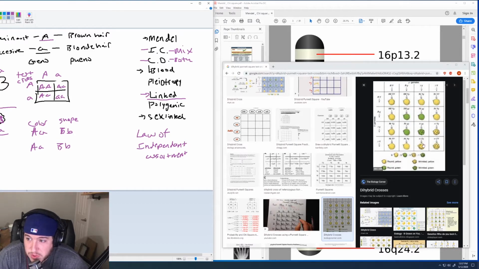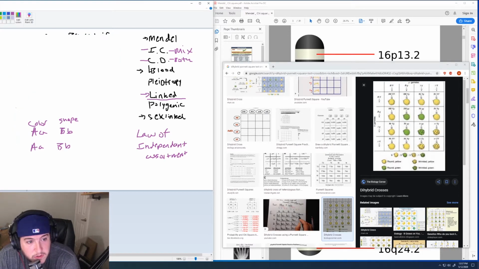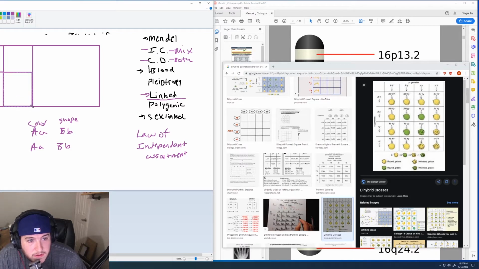because we're looking at two traits, we do the bigger Punnett square. This is the big 16-box Punnett square. Okay, now remember that when you're doing the 16-box Punnett square, you have to FOIL. So for that test cross, what we're going to have to do is set up the square.